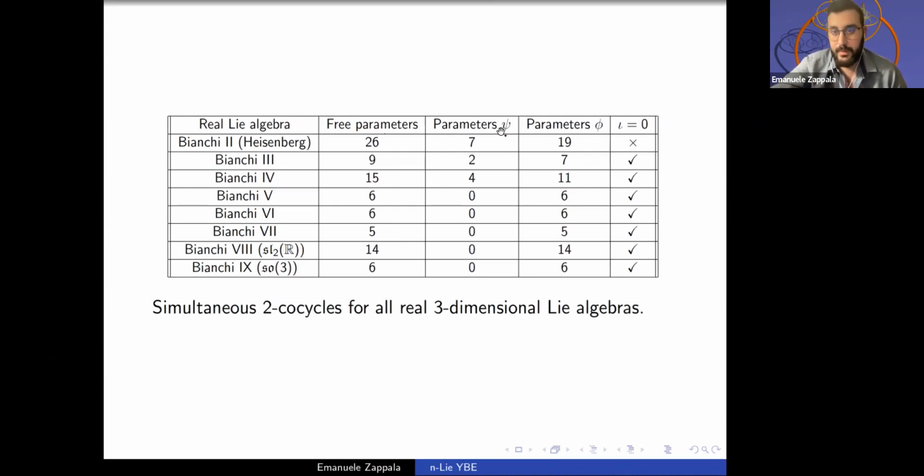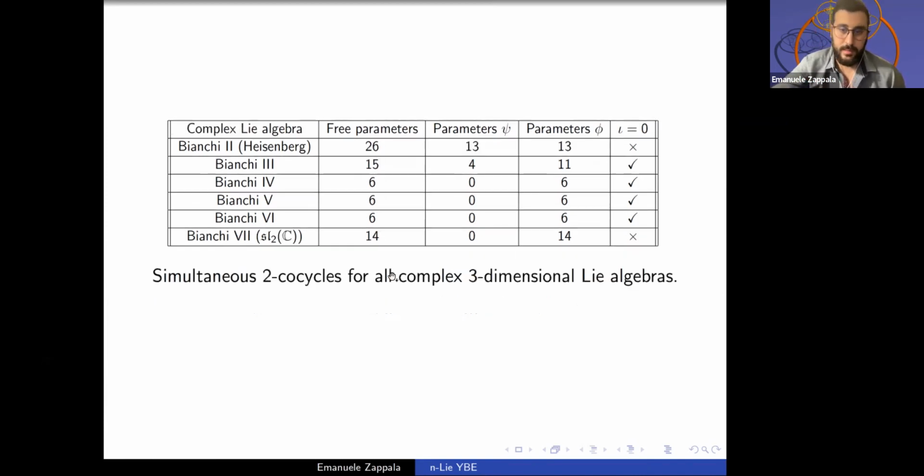This is the cocycle for the comultiplication. Technically, you can even deform iota, the co-unit, right? And there are a lot of free parameters, of course, in both the complex and real case. So you see, it also happens that you can deform the co-unit non-trivially.